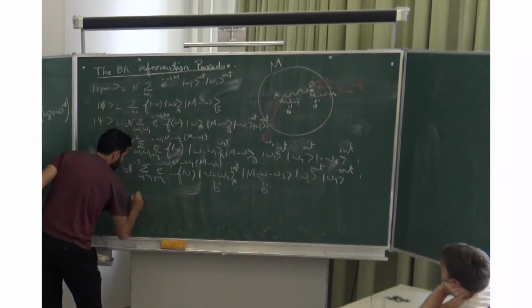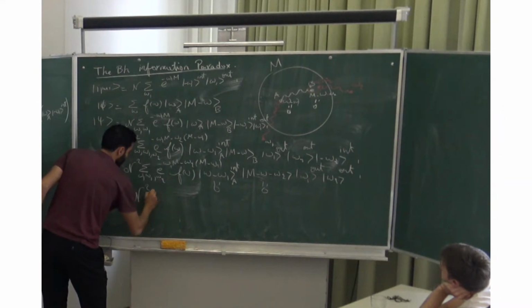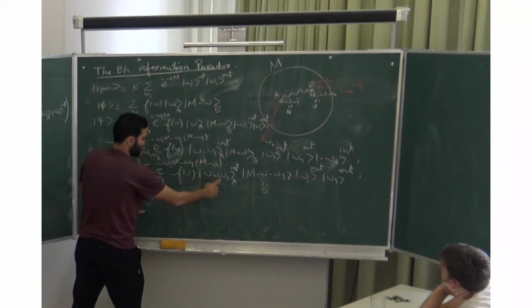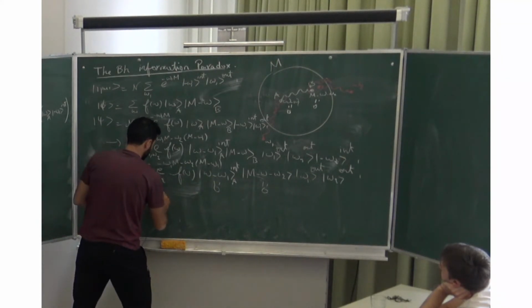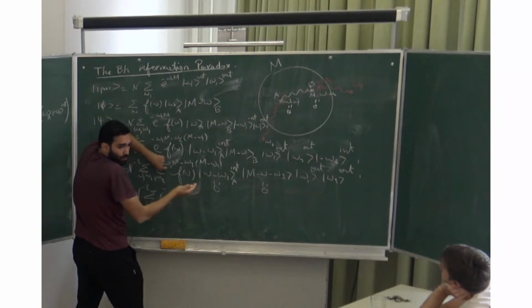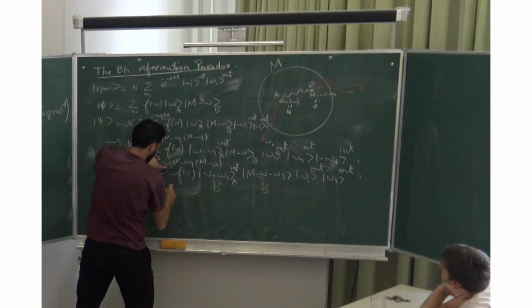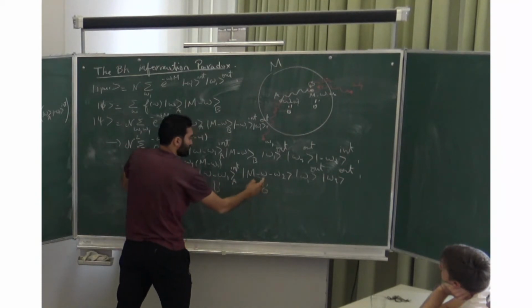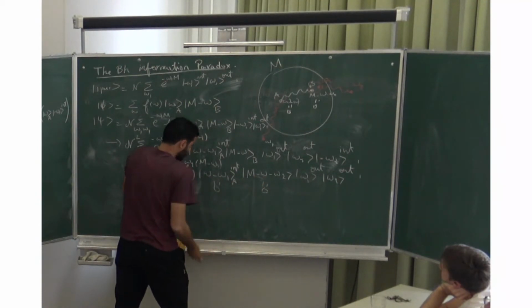Then we have some N squared, sum over omega, exponential minus. This omega 1 is just omega in order for the evaporation to happen. So it's omega M minus, and omega 2 is just M minus omega.